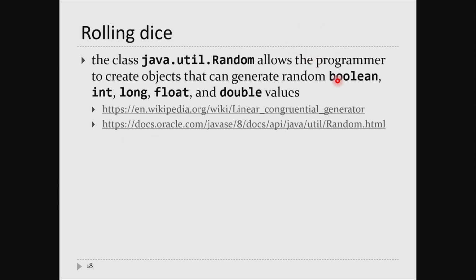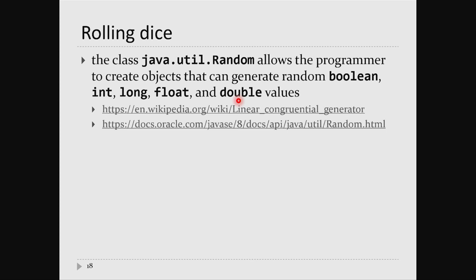So the first thing we need to know is how do I generate random values in Java? There's a class called java.util.Random that lets the programmer make a Random object that can generate random numbers. It'll generate random booleans, ints, longs, floats, and doubles. If you want to generate random strings or things like that, you have to either find some other class that can do it for you or write your own method.